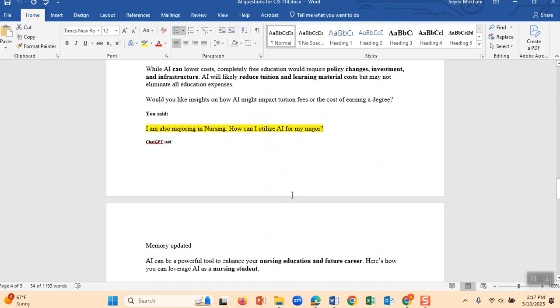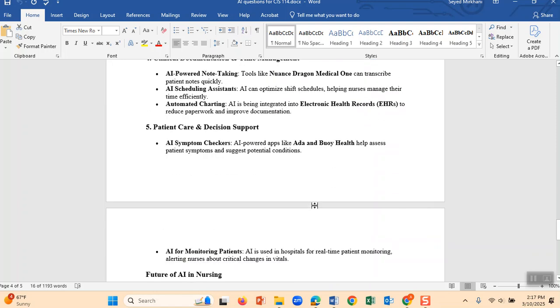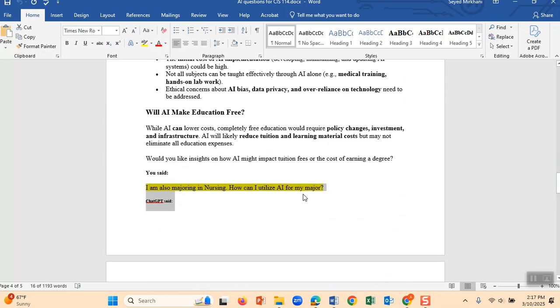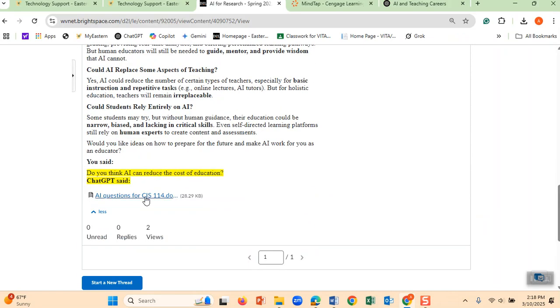Therefore, my recommendation is to ask similar questions regarding what your major currently is and what kind of help you can get. After you get this information, attach it to the discussion similar to what I did here. Do you see? I have provided all my questions and answers. My questions are highlighted in yellow.